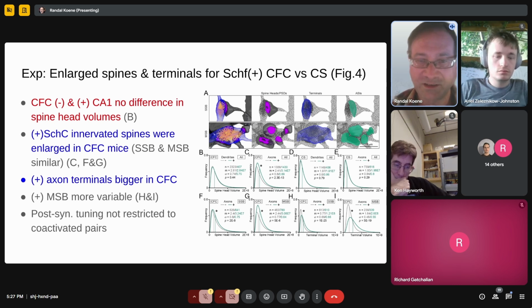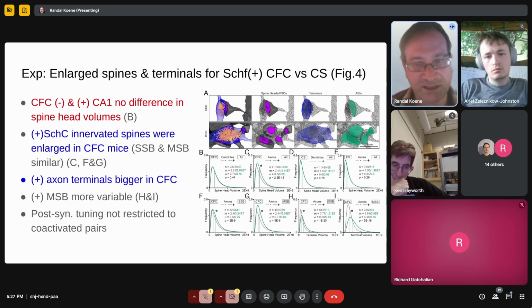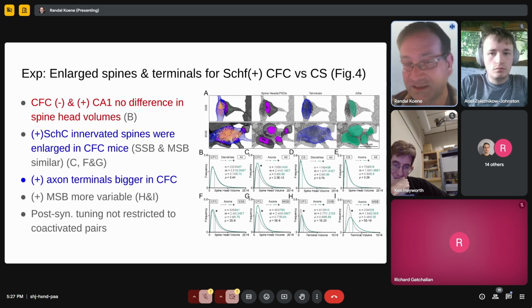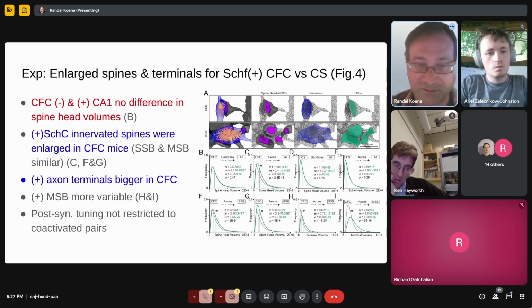The spines coupled to single synaptic boutons and multisynaptic boutons of the plus Schaffer collateral fibers were enlarged to similar degrees, with 1.4 and 1.3-fold increases in median head volumes, respectively, with smaller standard deviations than in the CS mice. Plus single synaptic boutons and plus multisynaptic boutons had the same 1.6-fold increase of median terminal volumes, despite the difference in bouton morphology. And only the plus MSBs had a much higher size variability than their minus counterparts.